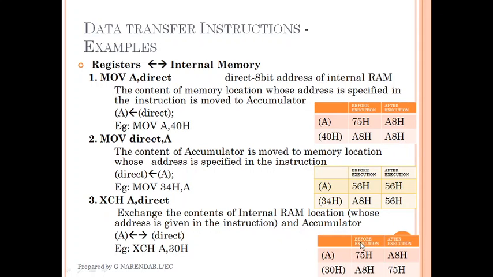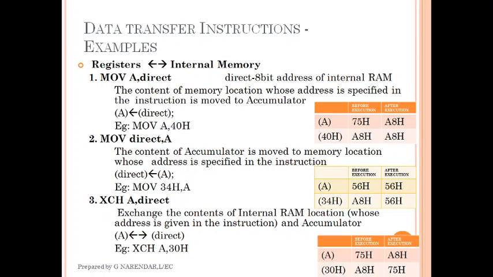For example, assume that the contents of A are 75H and the memory location whose address is 30H is A8H. After execution of the instruction, the contents of these two are exchanged. That means the contents of 30H memory location become the contents of A, and the content of accumulator becomes the content of the memory location 30H.